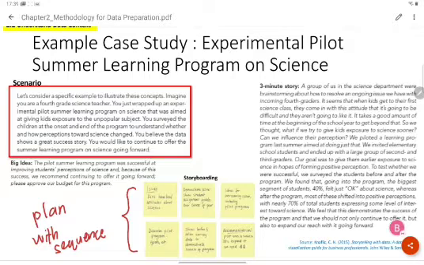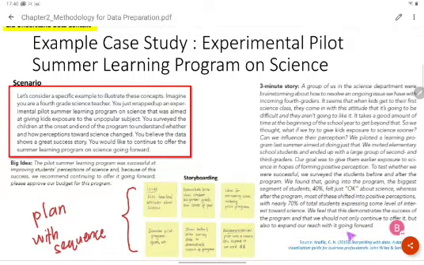Okay, so it tells, after the program versus before, how many students have a positive perception, and how many students feel just okay.